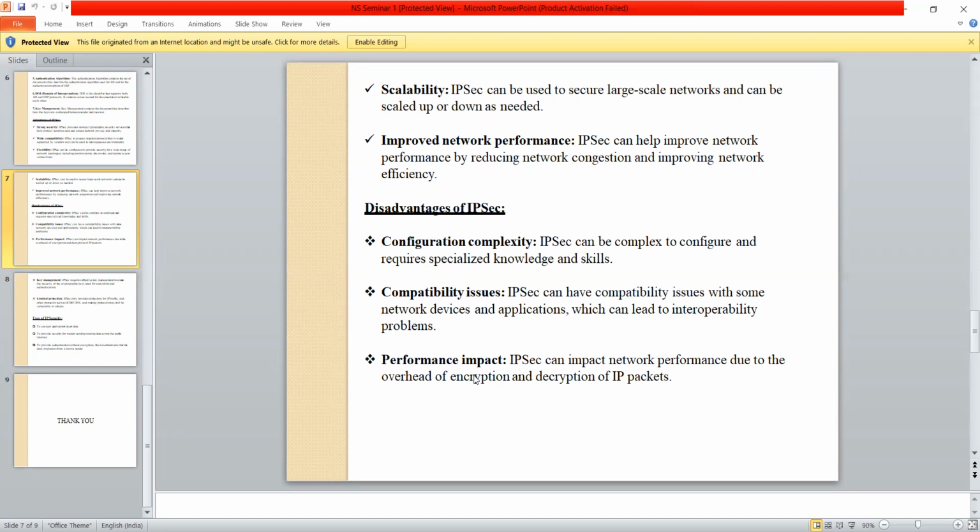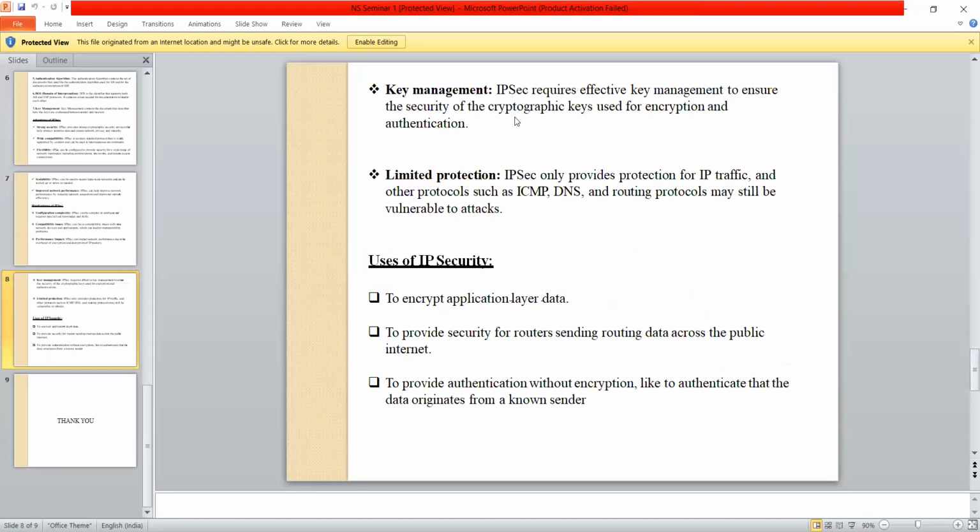Performance impact: IP security can impact network performance due to the overhead of encryption and decryption of IP packets. Key management is also a disadvantage of IP security.